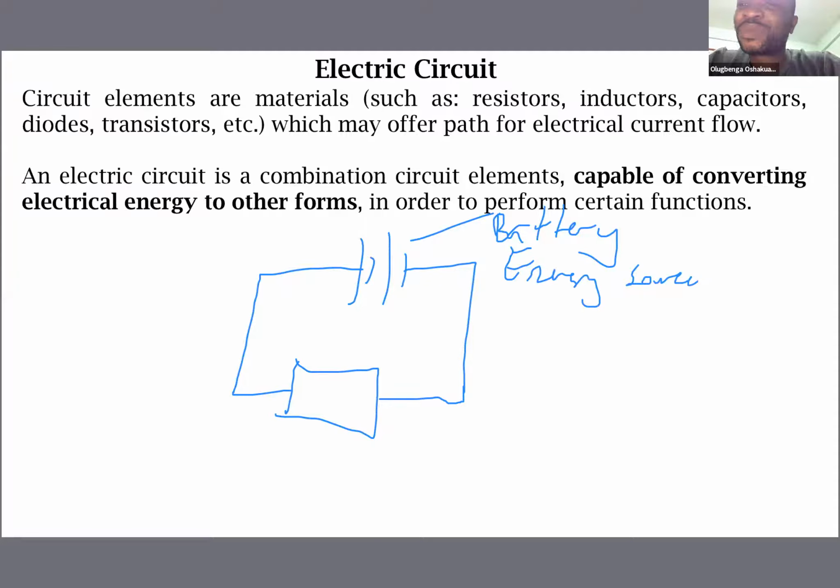Then what is this resistor? The resistor is the load. It can be your pressing iron, your hot plate, your ceiling fan, or anything. As long as it takes electricity and uses it to perform some function, it can be represented with a resistor, at least for now.